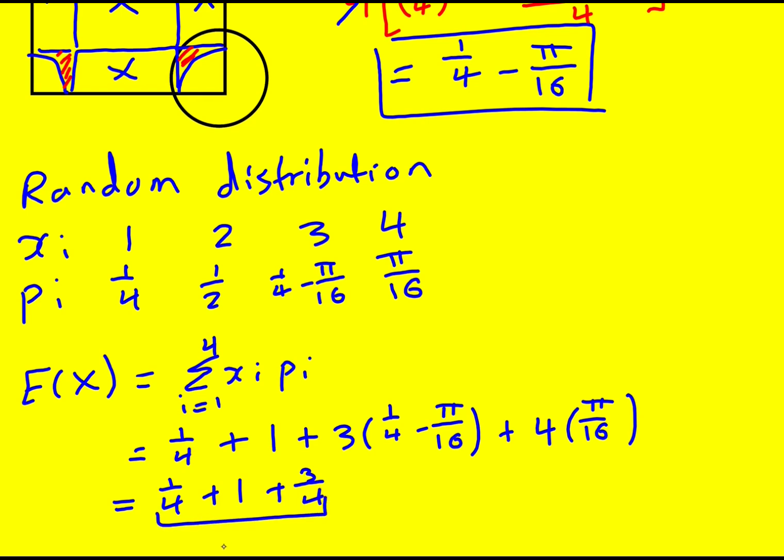That's nice. That comes together to equal 2. Then I'm going to be minusing 3 pi over 16, adding 4 pi over 16. So I'm going to be adding pi over 16. So I get 2 plus pi over 16.